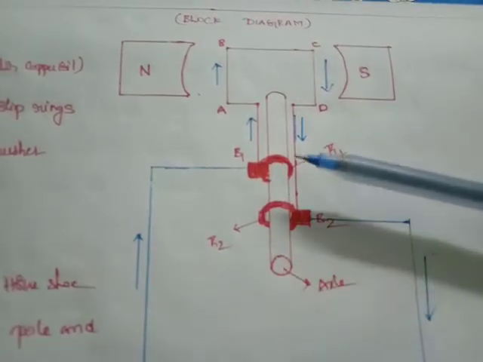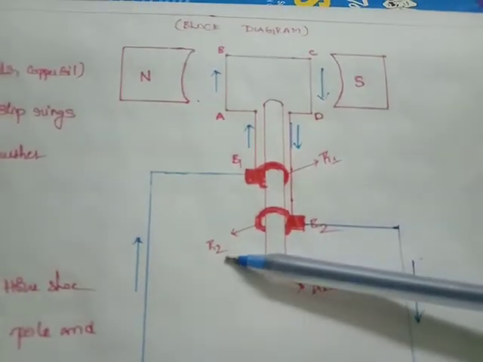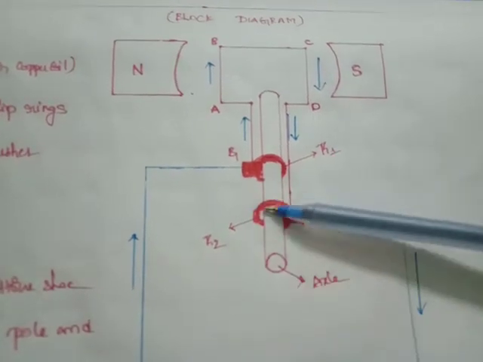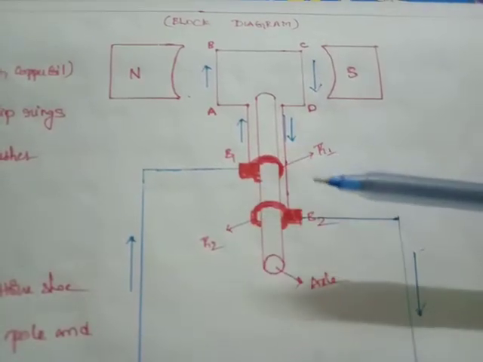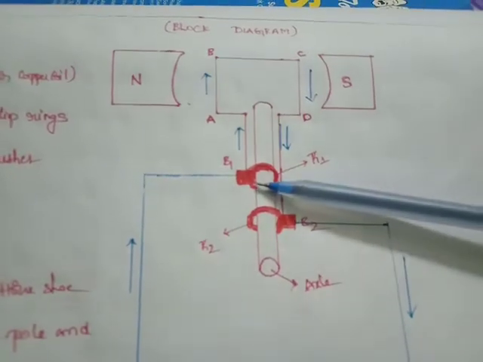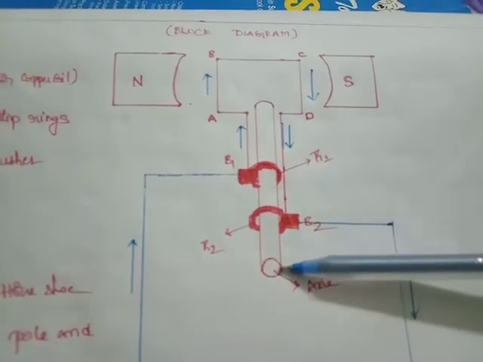And see here, these are the rings R1 and R2, the slip rings. The slip rings are connected to the brushes B1 and B2. And this is the axle, the rotating axle.